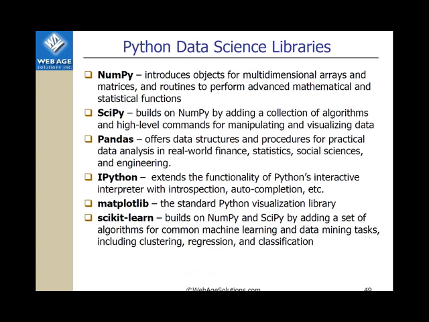SciPy builds on NumPy, and it gives you algorithms for data manipulation, visualization, and what's not, which already is available in R. Pandas gives you data structures, procedures for practical data analysis, finance, statistics, and what's not. R already has those data structures, right? So essentially, Python is catching up with R, which has all those native capabilities, by adding libraries.